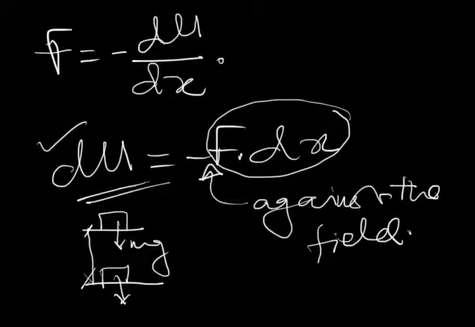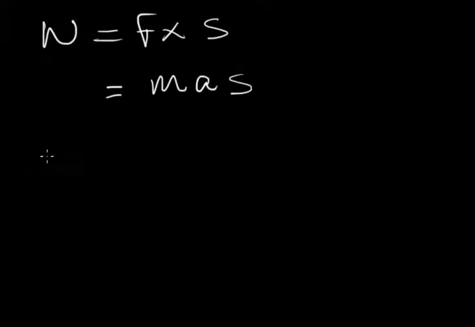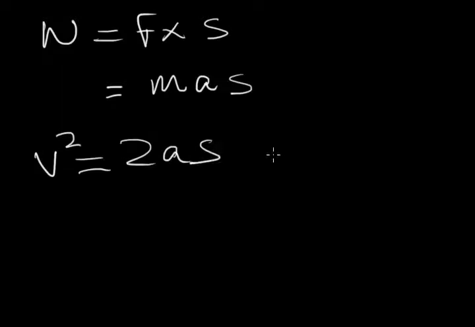Now I will discuss the form of kinetic energy as work. Again, if I begin with work, as you all know, it is force times displacement, and the force by definition is mass times acceleration. All of us have come across the equation v squared equals 2as in kinematics, for a particle possessing a velocity v, having acceleration a, and travelling a distance s.